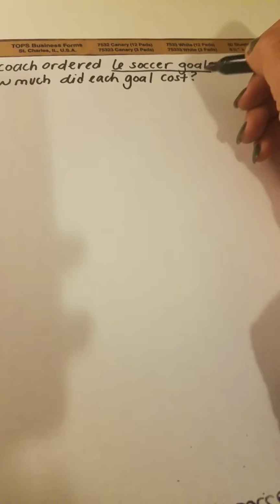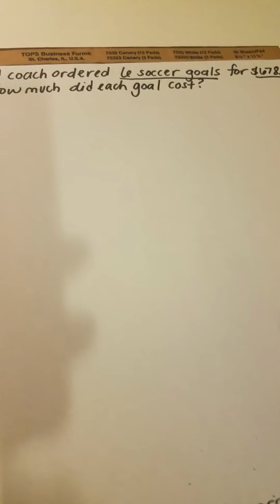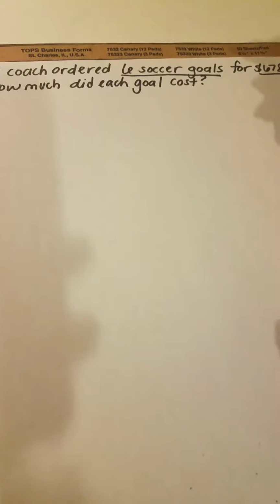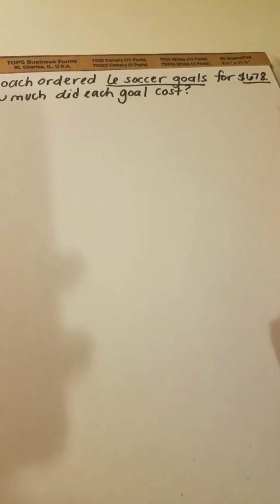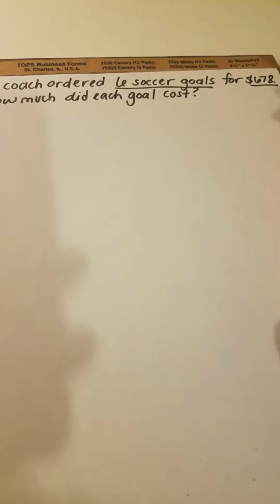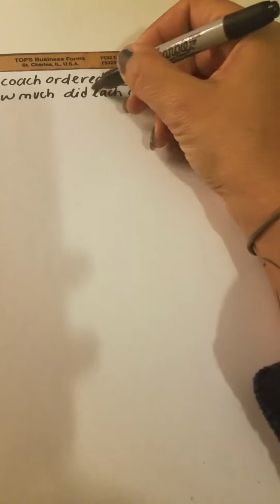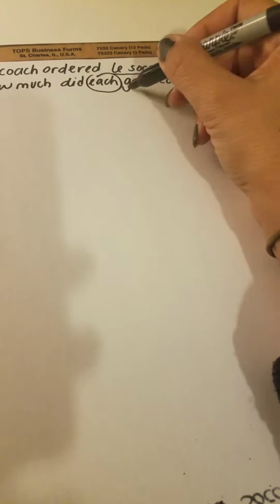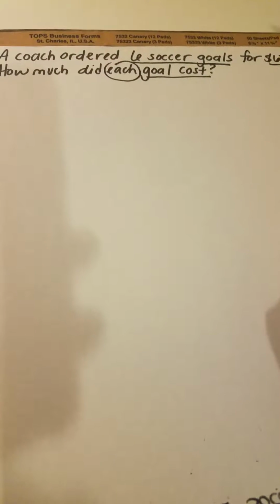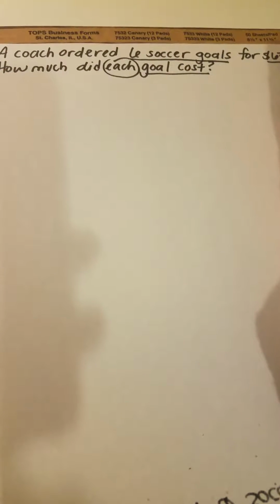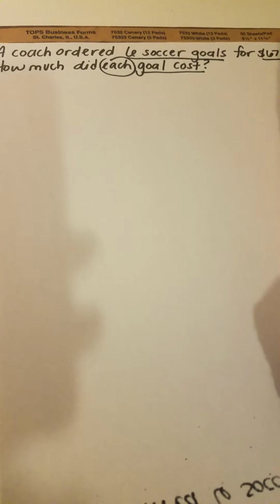I don't think the coach paid $678 for each goal, although they may be expensive. But it says here he ordered 6 goals for $678. So $678 seems to be the total for the goals. And the question is, how much did each goal cost? So we're trying to find the cost of each goal. Okay, that means each goal cannot cost $678.